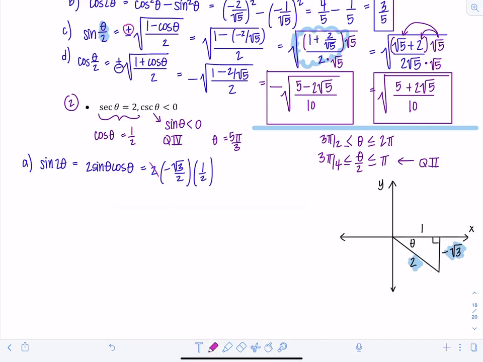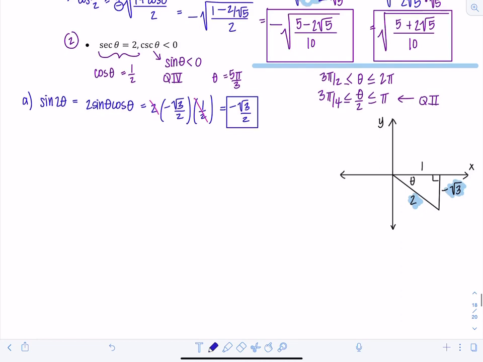And then notice the 2 and the 1/2 cancel. So I just get negative rad 3 over 2. And you could have checked that that was correct because we know exactly what theta is. So you could check that sine of 2 times 5 pi over 3, so 10 pi over 3, should give you the same thing. That would be equivalent to sine of 4 pi over 3.